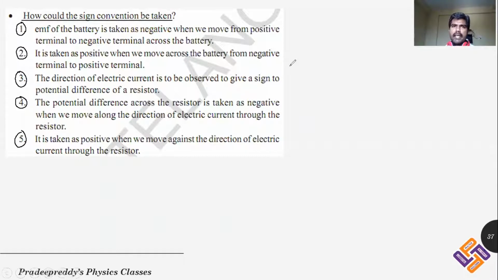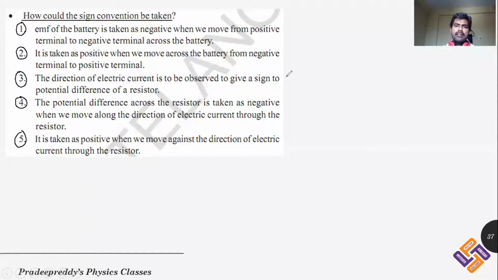Wherever voltage is added, we need to take plus. Wherever voltage is dropped, we need to take minus. That also depends upon the current flowing in the circuit. So in order to avoid confusion about where voltage is being dropped and where it is being added, we have adopted some sign conventions. According to those sign conventions, we will write Kirchhoff voltage law.